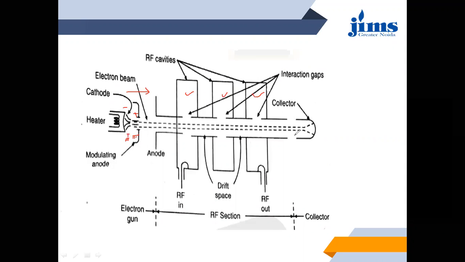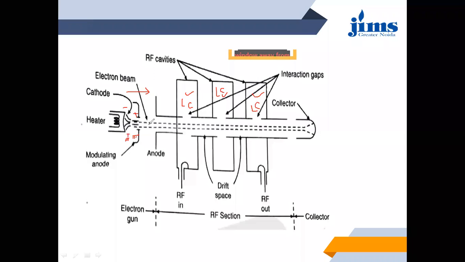so it is called multi-cavity klystron. There are three RF cavities, and the function of these cavities is to behave as individual LC circuits. What is the function of LC circuits? They provide oscillations. They behave as oscillators. They produce oscillations. They provide high frequency signals.